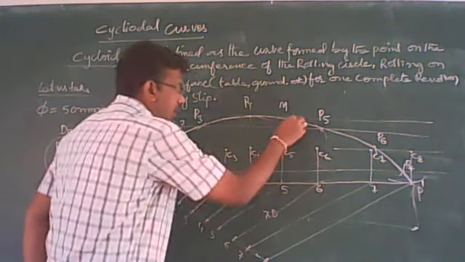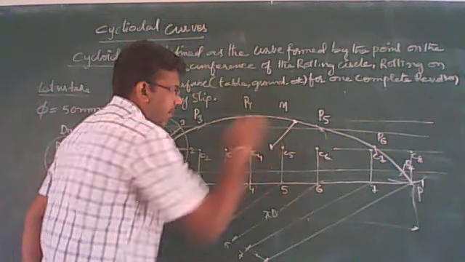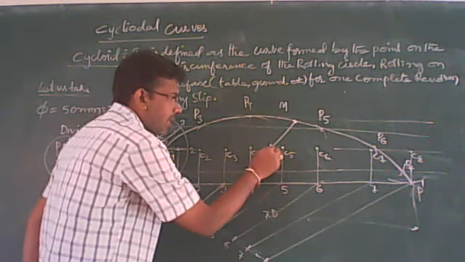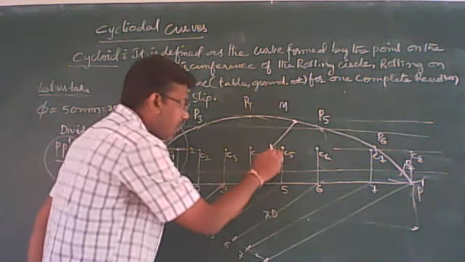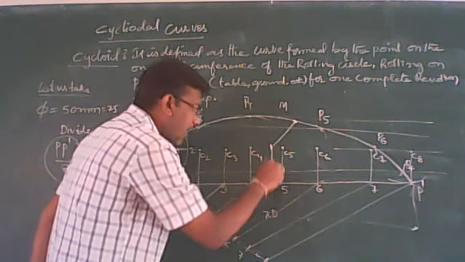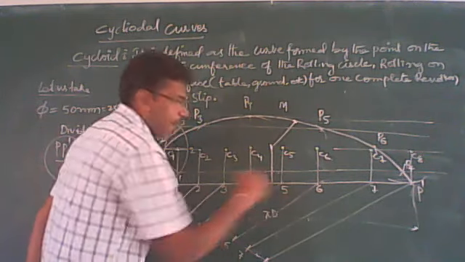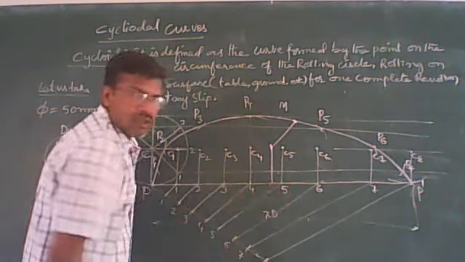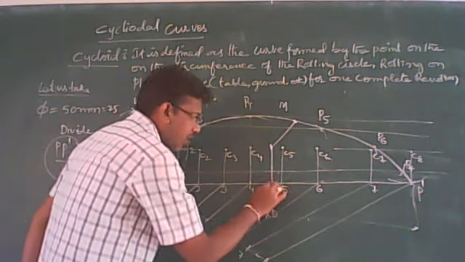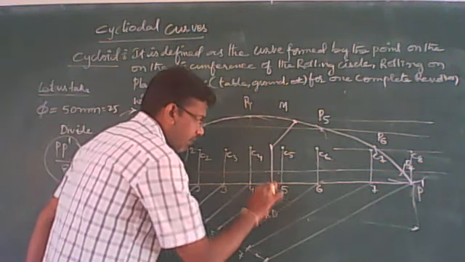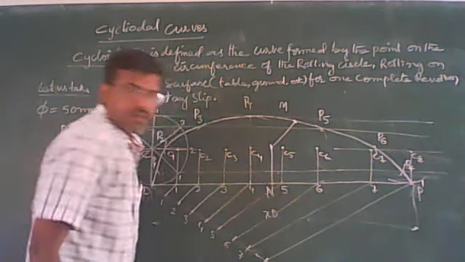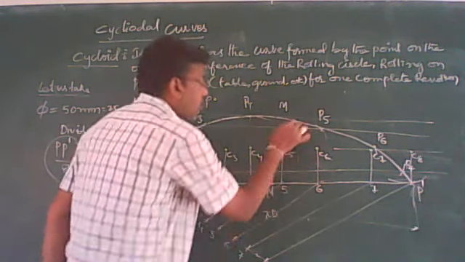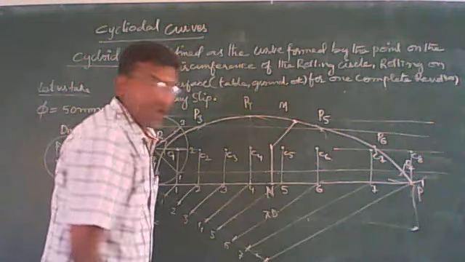Next, after getting a center mark on the center line, draw a perpendicular line to the PP dash. After getting this point, just mark it as N. Now draw a line from point N to the taken point of the curve M.